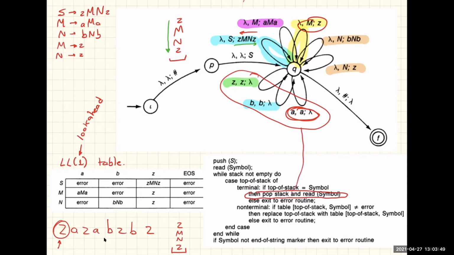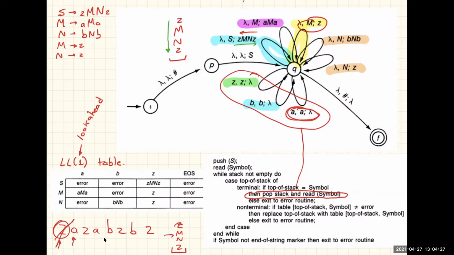If we have something that is different, for example, that we want to read an A and it's not the same A here, then exit to error routine, meaning error. This is in the case that the top of the stack is a symbol. If it is not a symbol, then the top of the stack is a non-terminal.